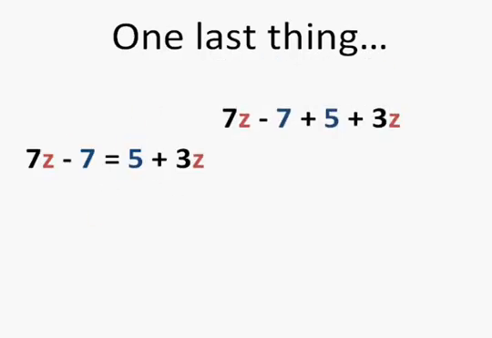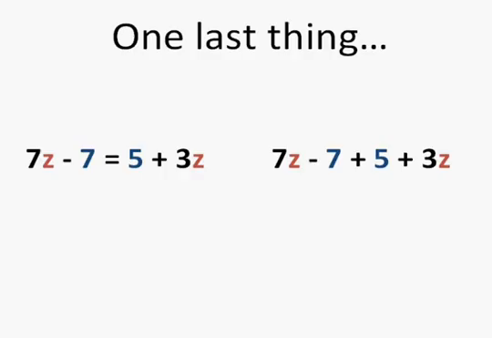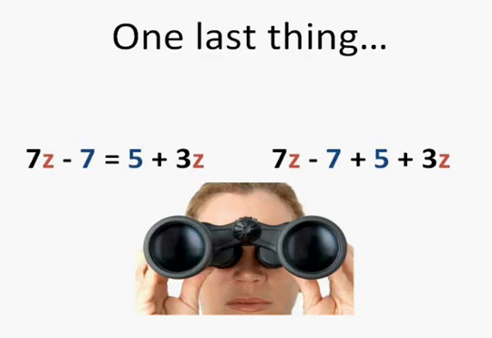One last thing, and probably the single most common mistake in all of beginning algebra, is not being able to tell the difference between the following two things. Now, take a look at these two. What's the difference between these two groups?